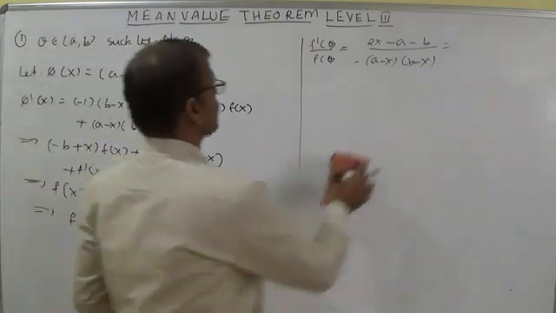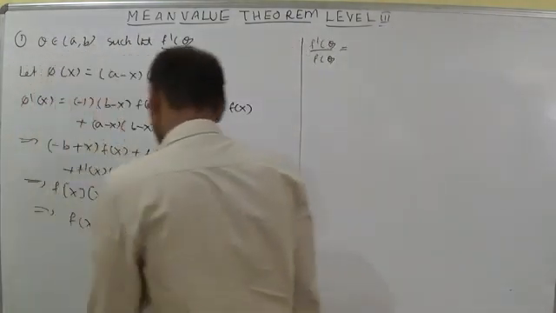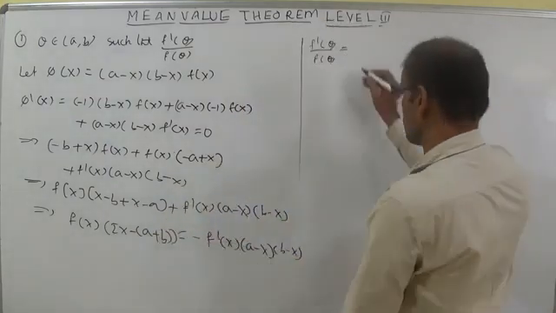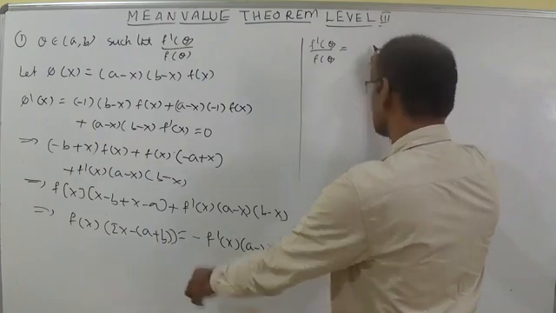While we are writing theta, we should write theta only. So f dash theta by f of theta: instead of x you write theta.